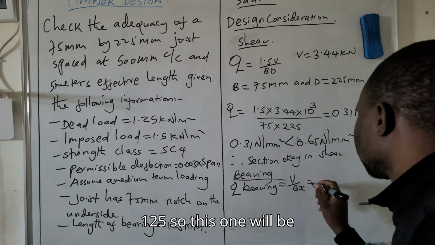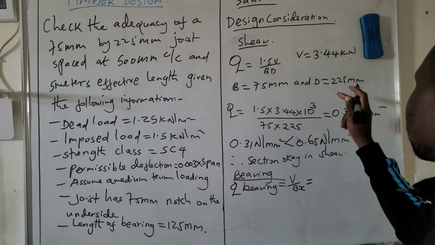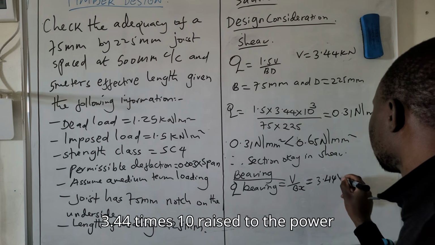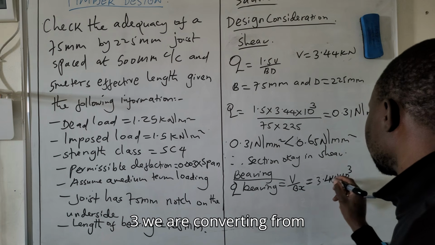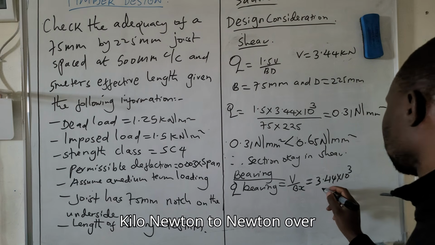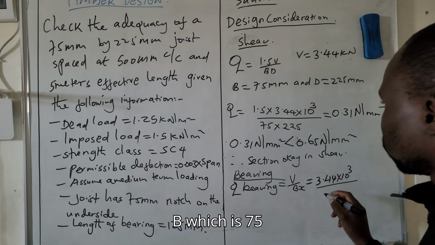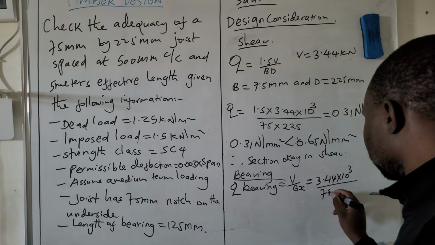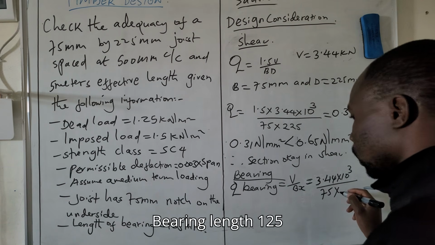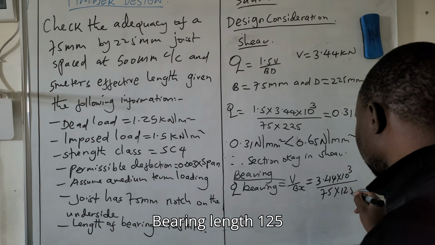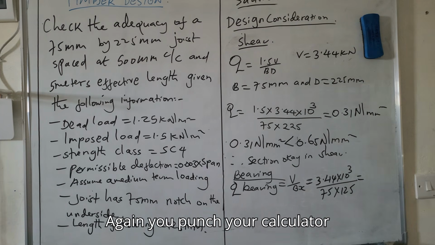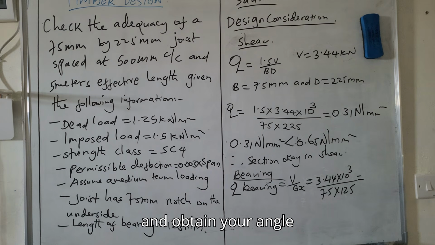So this one will be 3.44 times 10 raised power 3, we are converting from kilonewton to newton, over B, which is 75, times X, bearing length 125. Again, you punch your calculator and obtain your answer.